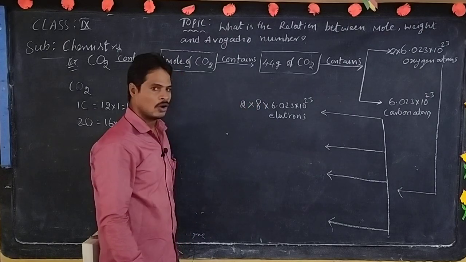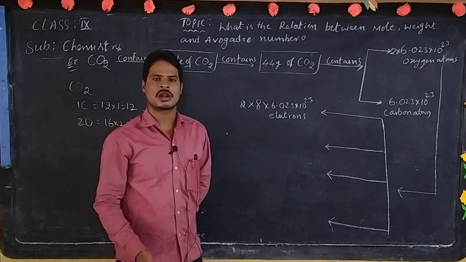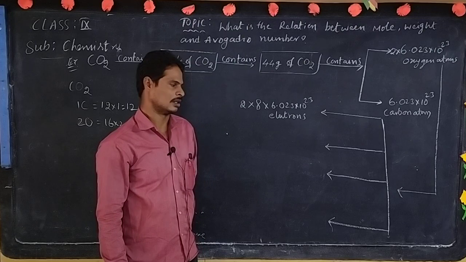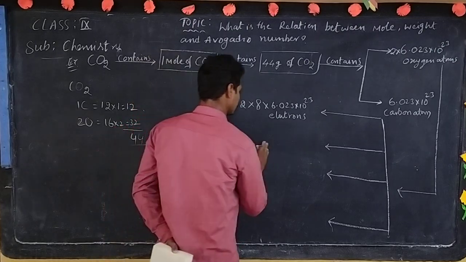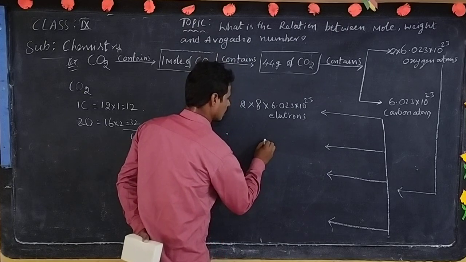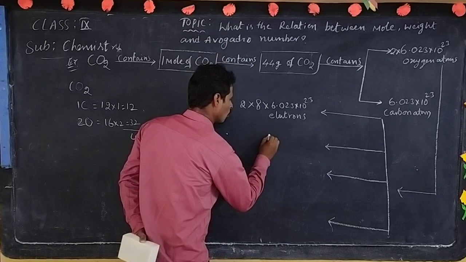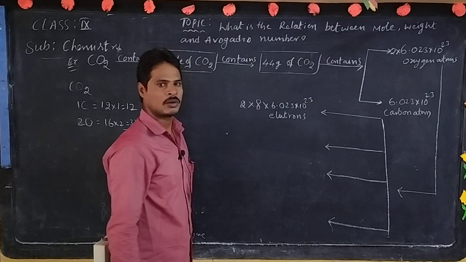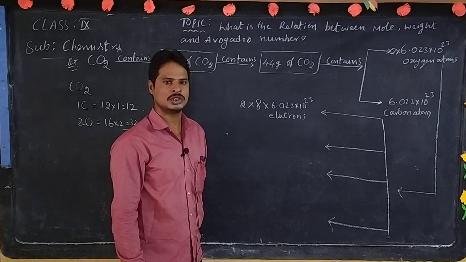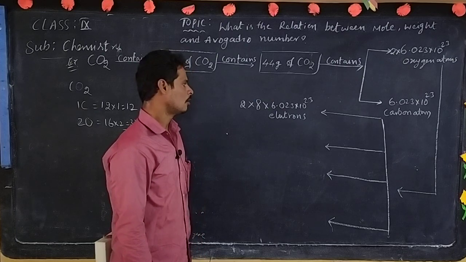Next, how many protons? Number of electrons equals number of protons. Next, 1 proton contains 6.023 into 10 to the power 23 particles.